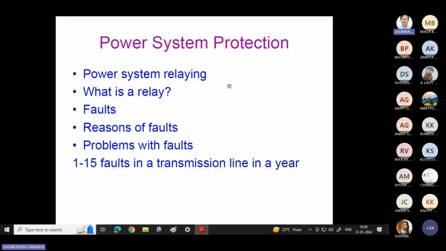There are different operating conditions: abnormal operating conditions, transient conditions, and fault conditions. Apart from that, we have to select only the fault. This fault needs to be detected.